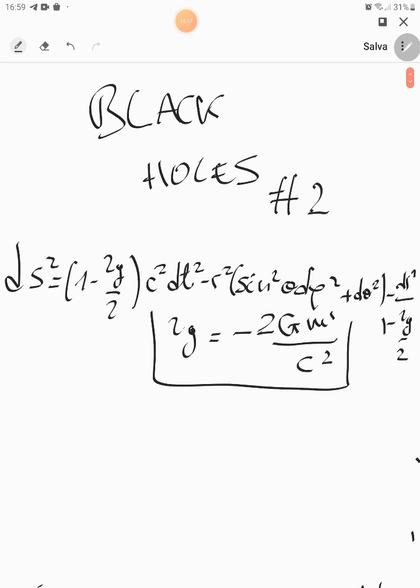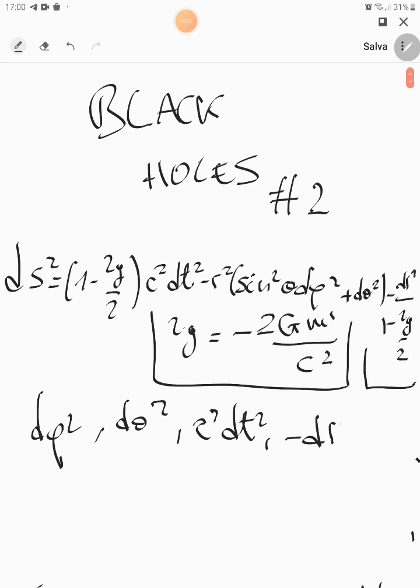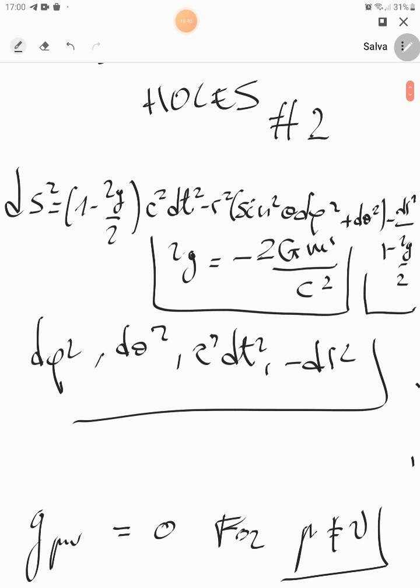So g00 is equal to this, and g11 is equal to minus 1 over 1 minus r_g over r, and g22 is equal to minus r squared, and g33 is equal to minus r squared sine squared theta. So the interval is c squared dt squared minus dr squared minus r squared d theta squared minus r squared sine squared theta d phi squared, in spherical coordinates.